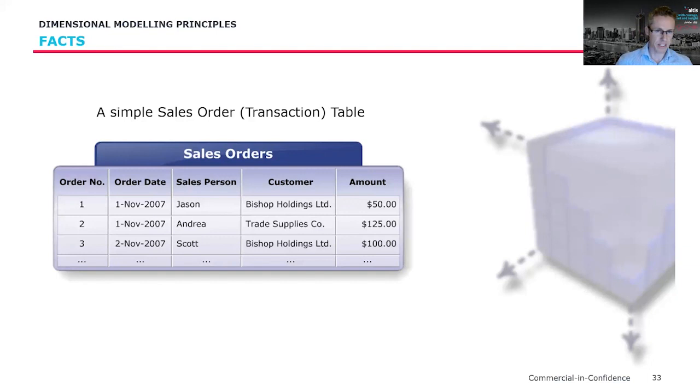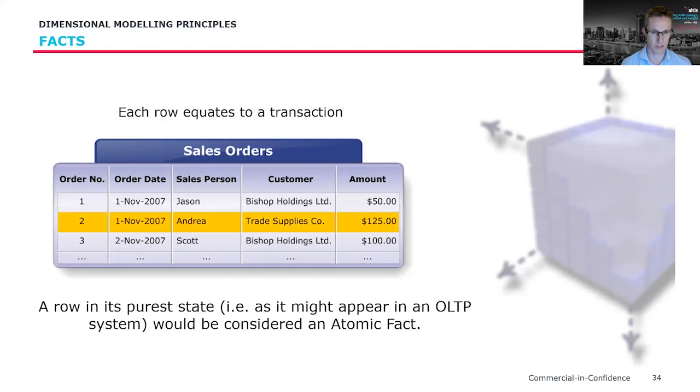By way of an example, here we've got our operational source system that's capturing some sales orders, and we can see here that we've got some sales transactions. In its purest form, this data being captured in this source system could be considered an atomic fact, because in its purest state, it is as low as you can go as far as the information it's capturing.